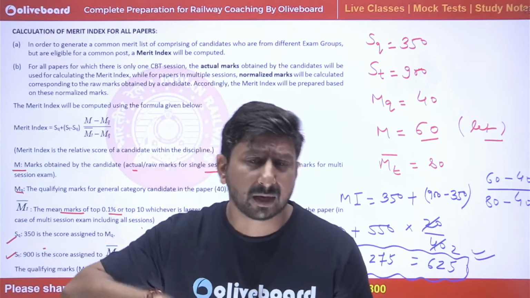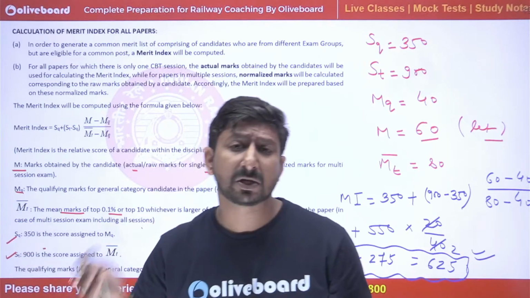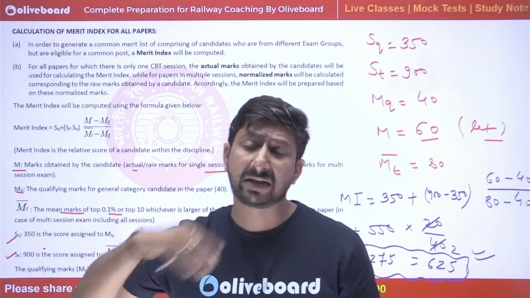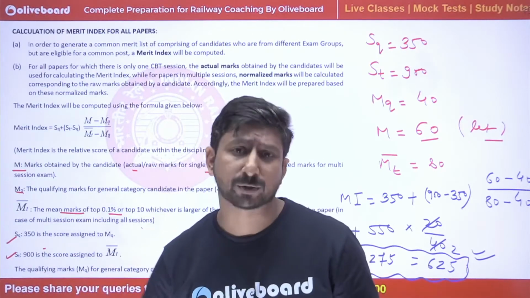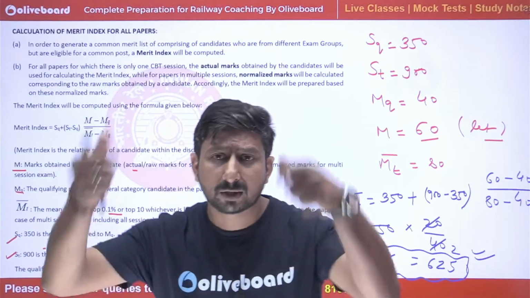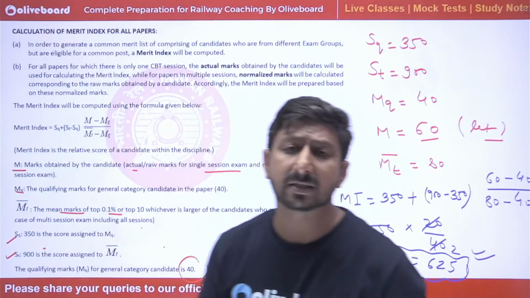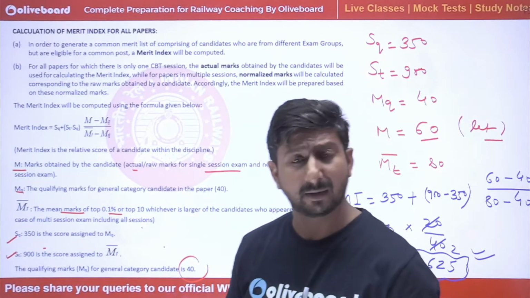That means it is used in multi-session exams, or when different branches are allowed for a single post. So this is the formula for how we calculate the merit index.